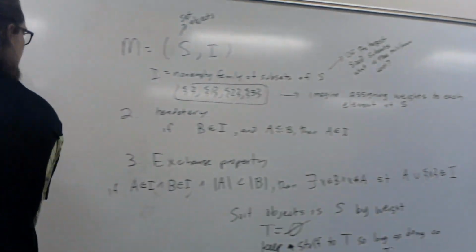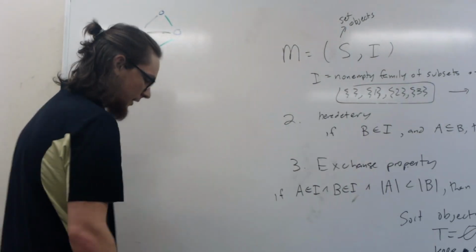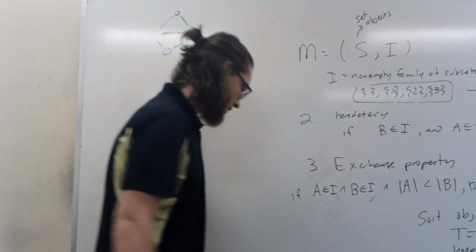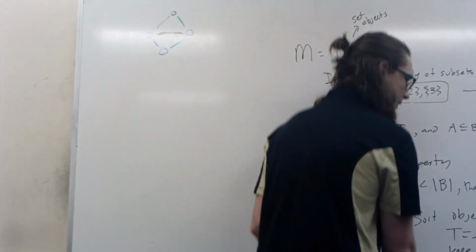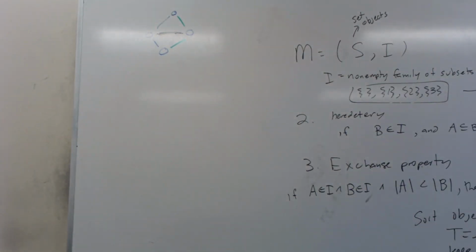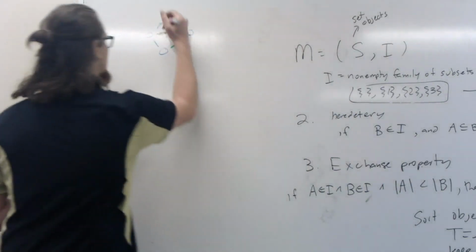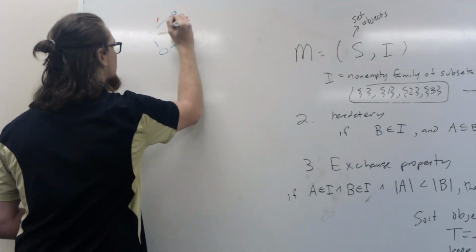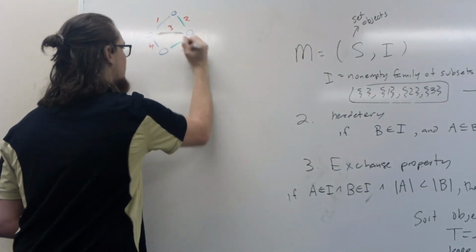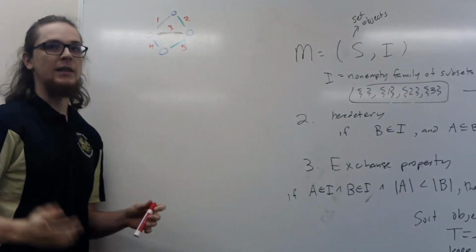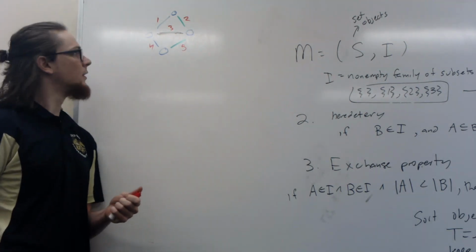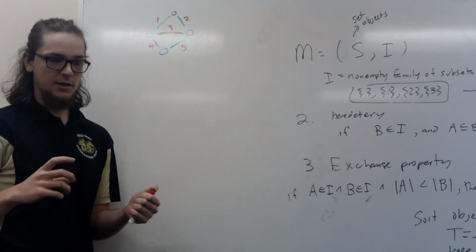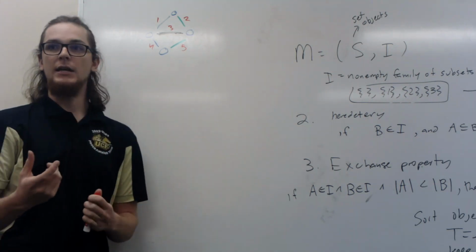Okay, so we want to find a basis of the intersection of two matroids. Let's start by reading in the input. I'm going to label these edges 1, 2, 3, 4, and 5. We can check if an edge is independent.